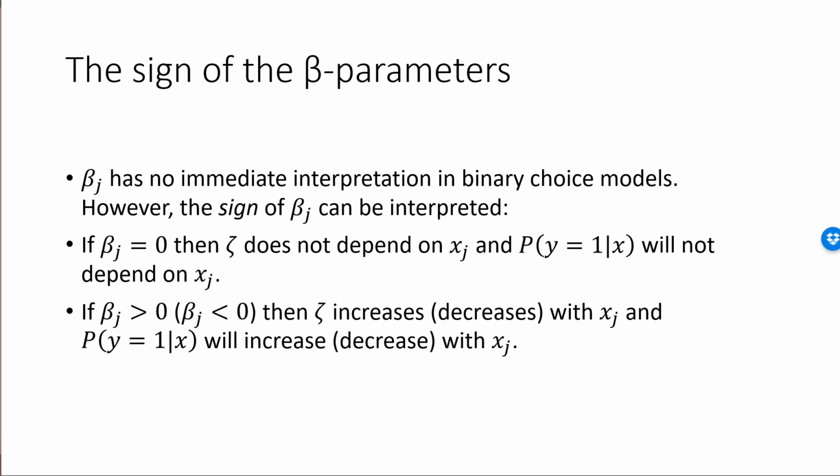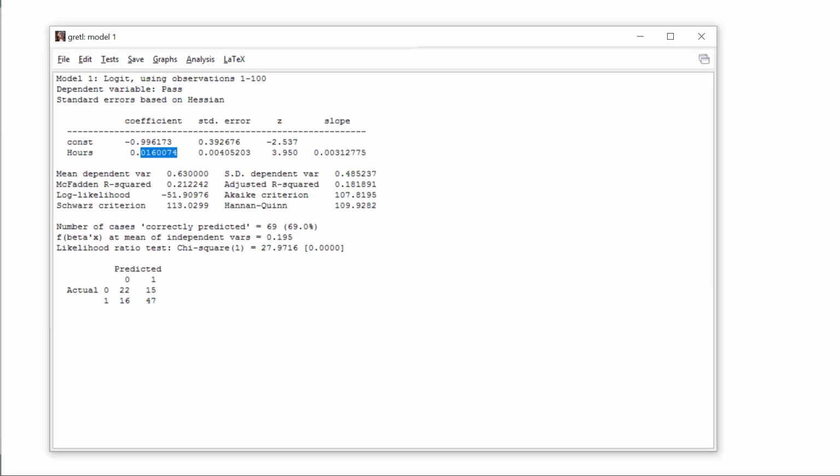So moving to my example here, this is significantly greater than 0. So even though I can't interpret this particular value, 0.016, that means nothing. I can say that when you increase the number of hours studied, there is a significant increase in the probability of passing the exam.